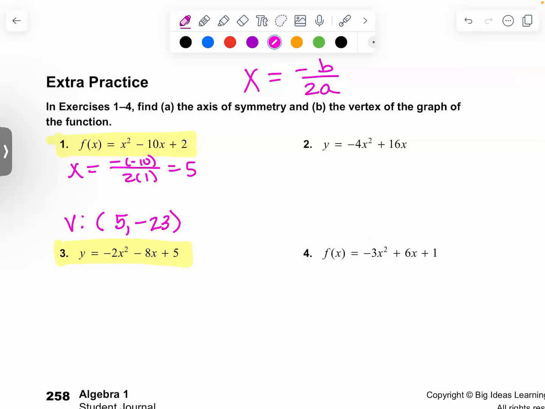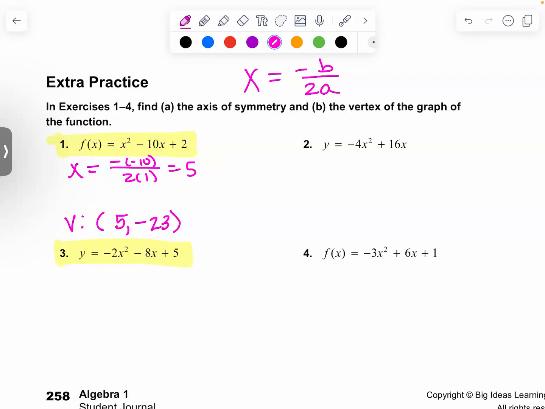A is negative 2. So it'd be 8 over negative 2. It's 8 over 2 times negative 2, because negative b over 2a. I got -23. I still don't get it, but okay.